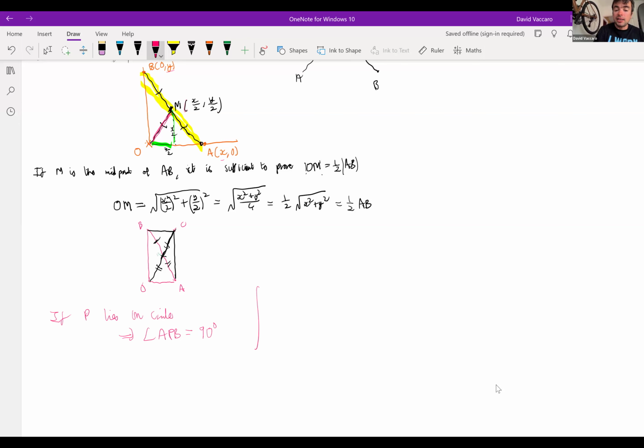And then I've got the second argument, which tells me that if APB is equal to 90 degrees, then P lies on a circle. And to show that the locus is the circle, all of the circle, and nothing but the circle, you need both parts of those arguments.